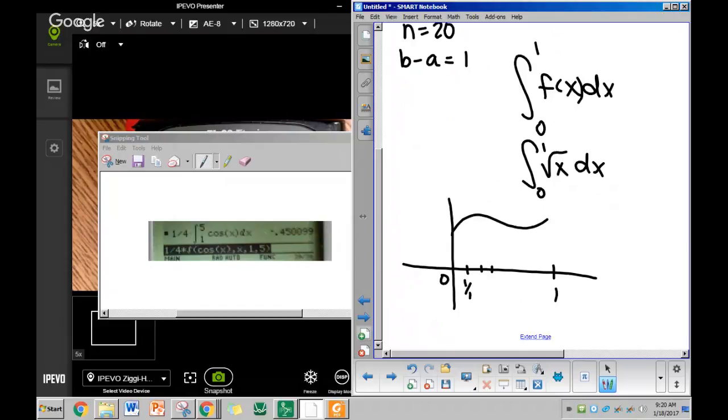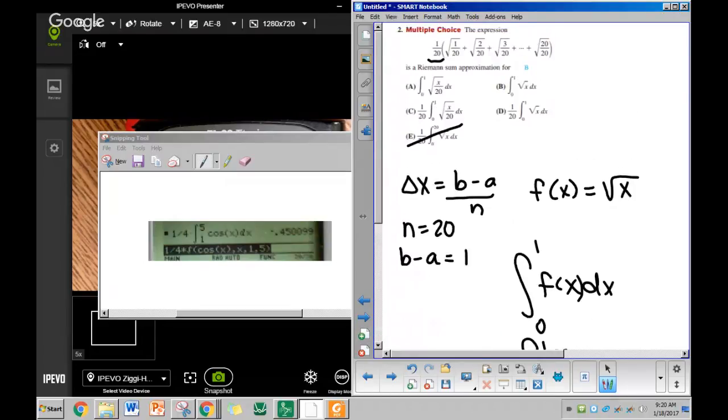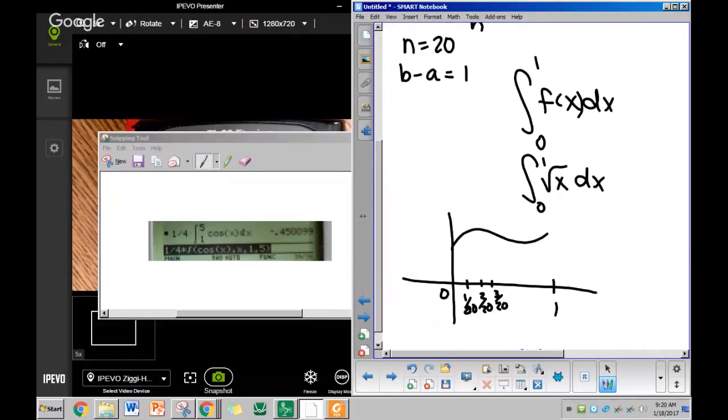So I'm going to put in 1/20th, 2/20ths, 3/20ths, right? If I'm doing RAM. So do you see how I'm putting in 1/20th, 2/20ths, 3/20ths, and then I'm going to put in 1, which is the very last one? So this is RAM.